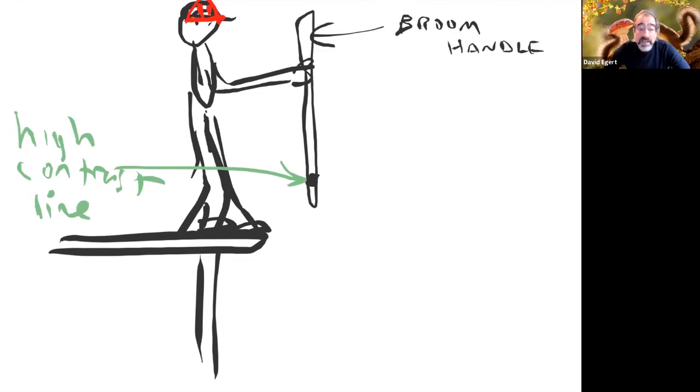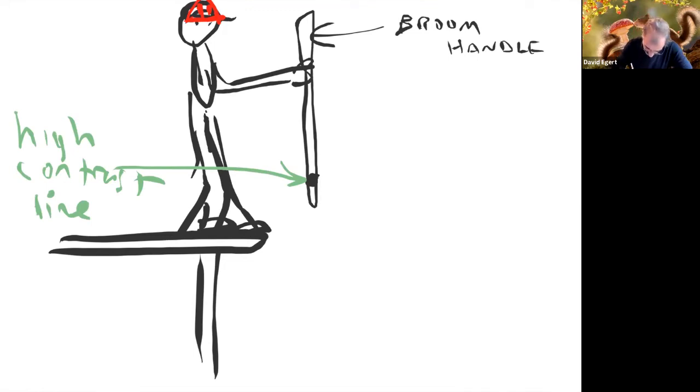We want it to be high contrast because if we're going in really dim light, you're not going to be able to see something subtle. So we're going to have a very obvious thing that even in rod vision, you're going to be able to see this thing going from dark to light to dark in a real obvious way.